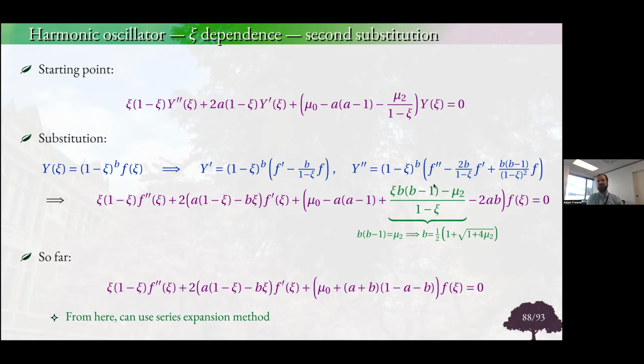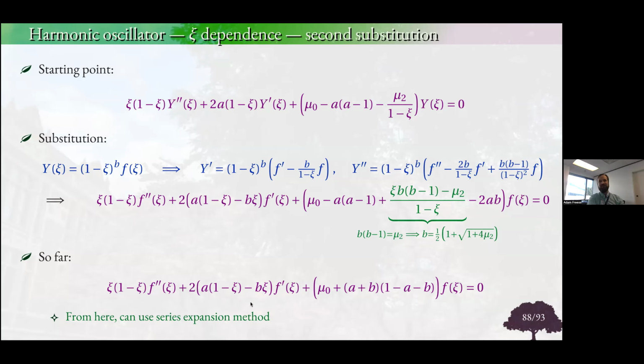And in order to not get this to 0, but get this to no longer be something going as 1 over 1 minus xi, you need b times b minus 1 to equal mu2. So then you get a xi minus 1 divided by 1 minus xi will just be minus 1. So similar to how there are 2 solutions, but only one of them will be physically valid at large masses, we find b is this quantity related to mu2. So we can rewrite the differential equation.